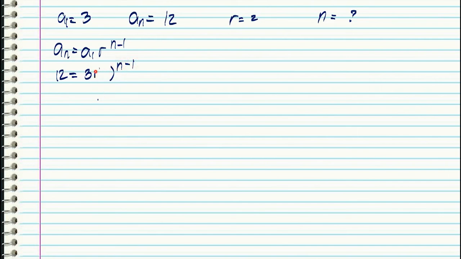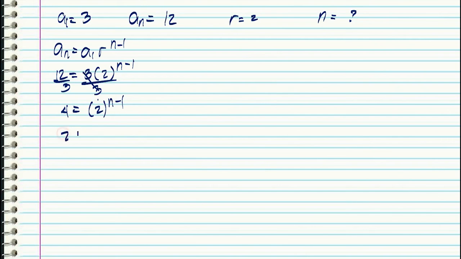So n minus 1. To remove the 3, we divide both sides by 3. Then we have 4 equals 2 raised to n minus 1. Then we have to express the 4 in exponential form.